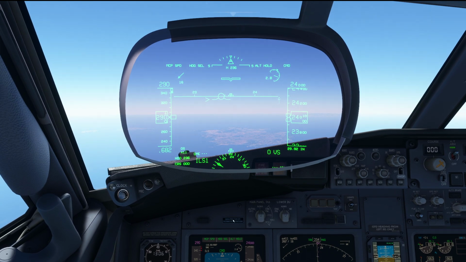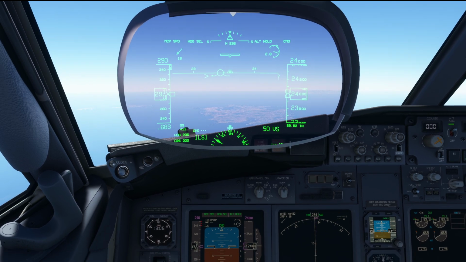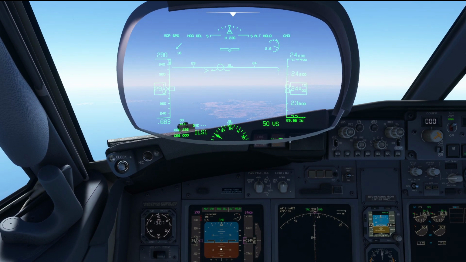Now, I can understand that this is a little bit confusing, especially because this instrument is called the artificial horizon, isn't it? Well, let's talk about it for a second. The artificial horizon does depict an horizon, but there is something else that comes into play here when we are talking about the heads-up display, and that is the fact that we are actually at altitude, aren't we?